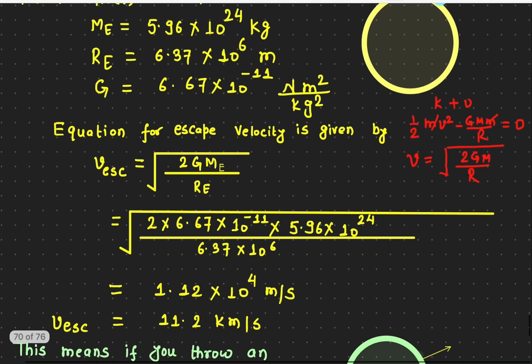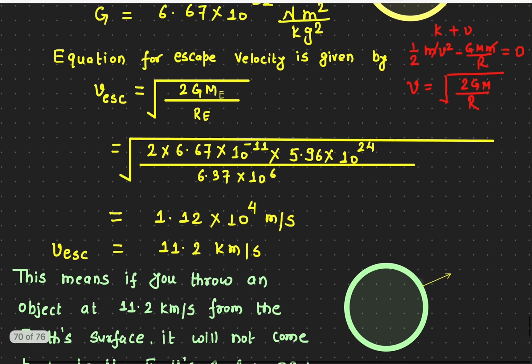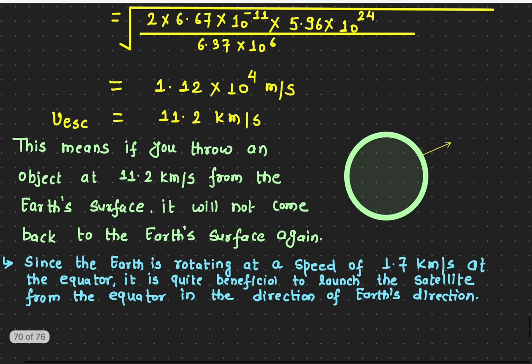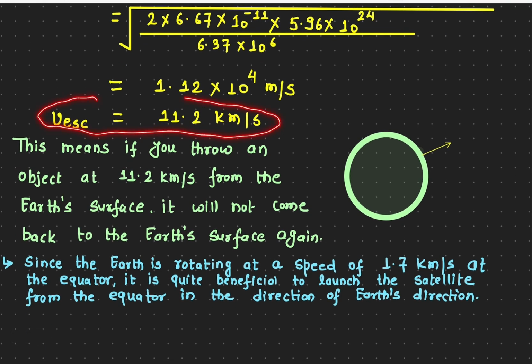All we have to do is plug all the numbers into this equation, and the number you will get is 11.2 kilometers per second. And again, as I mentioned, if you throw an object at 11.2 kilometers per second from the Earth's surface, it will never return to the Earth's surface.